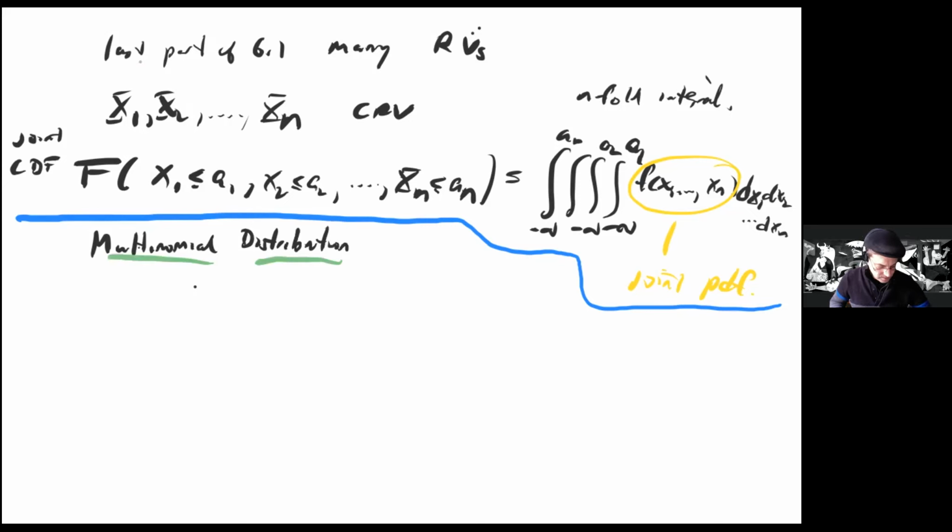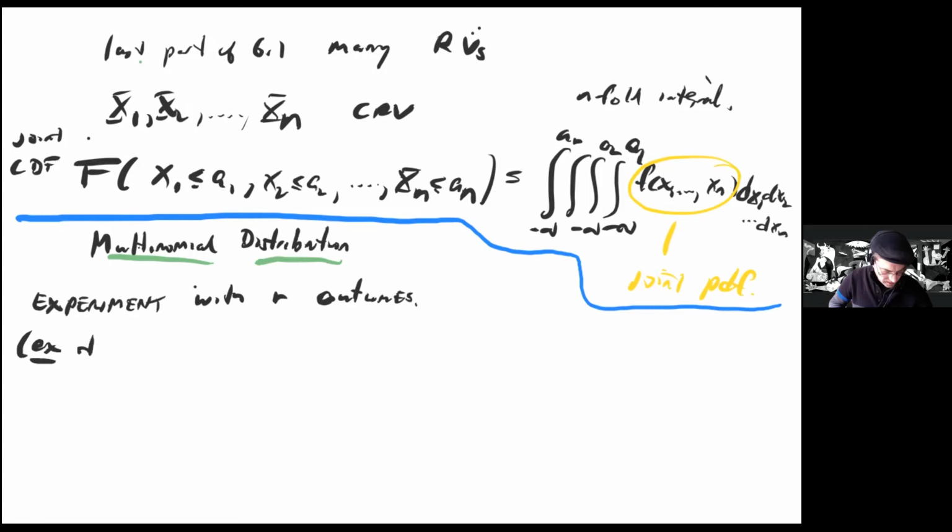Suppose you have an experiment. It's like a Bernoulli trial, but it's not flipping a coin. There's not two outcomes. You have more than two outcomes, say R outcomes. For example, if I roll a die, that's an experiment with 6 outcomes if it's a 6-sided die. So example, a die roll.